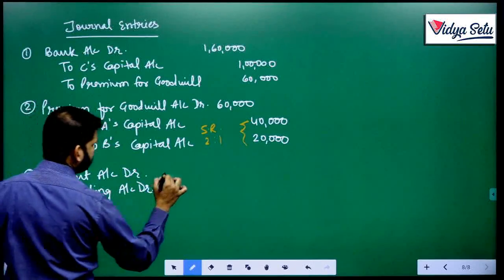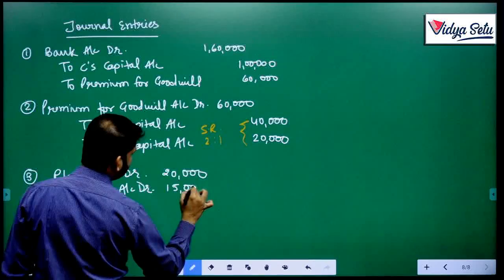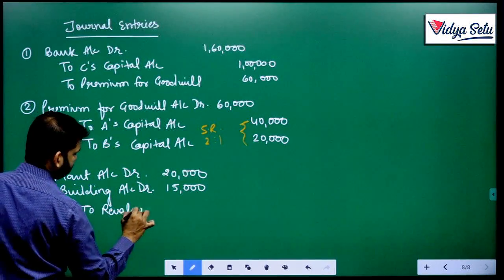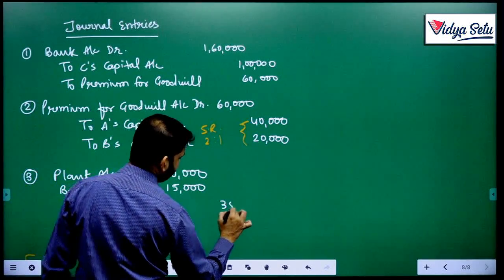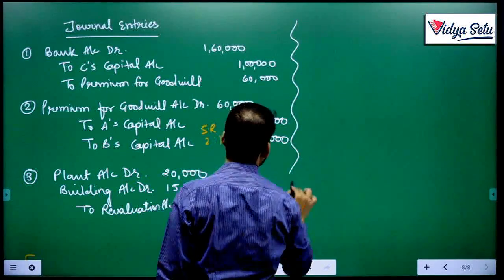I guess plant was 20,000, building was 15,000. So to revaluation account 35,000. Okay, I'm doing the rest of the entries here.